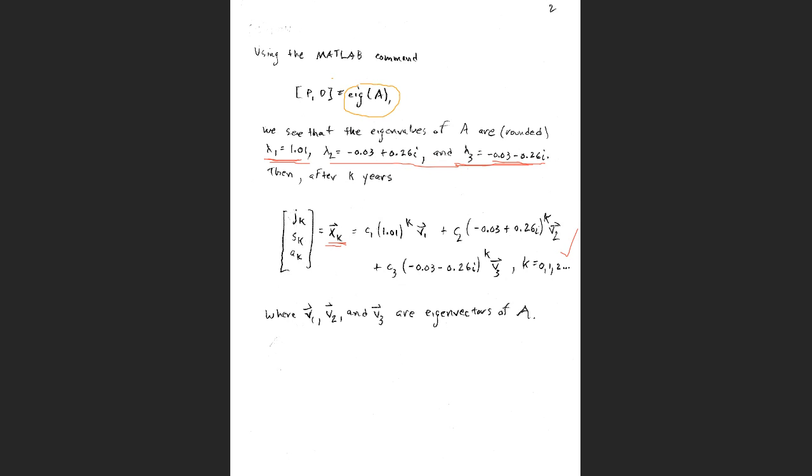I just say, okay, C1 times 1.01 to the kth power times V1 plus C2 times the second eigenvalue to the kth power times V2 plus C3 times the third eigenvalue to the kth power times V3. I'm not going to write down the eigenvectors yet, because I may not need all of them, you see? Okay, let me give you a moment to catch up here.